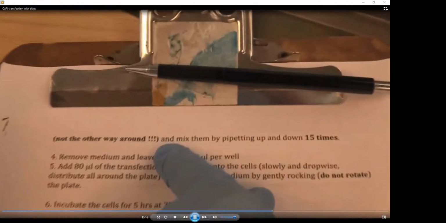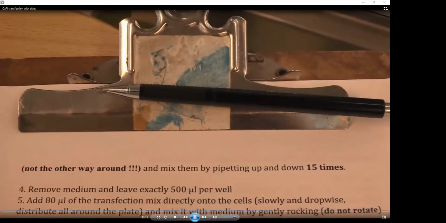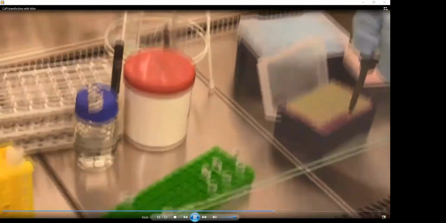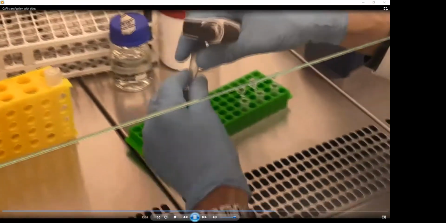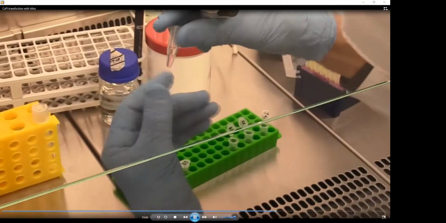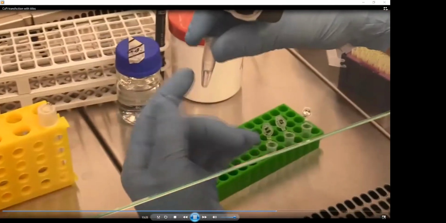So therefore I have prepared 3 times A and 3 times B, and then we will do the next step, which is adding this DNA mixture to HBS. And the next part is to pipette it really always 15 times. The point is the best formation of the complex and the reproducibility.